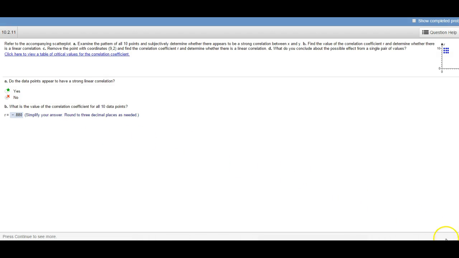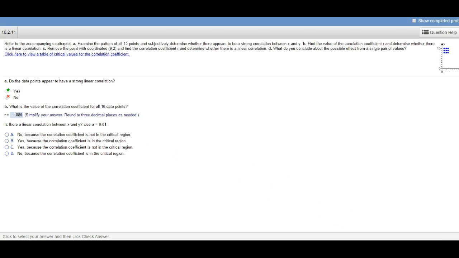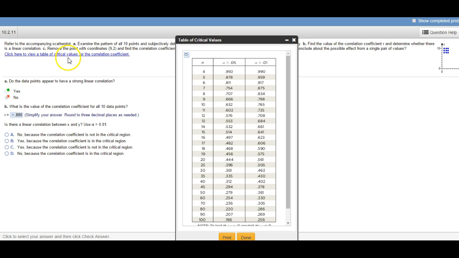And then the rest of this question asks, is there a linear correlation between x and y? Use alpha equals 0.01. What we have to do there is look at this table of critical values. Alpha equals 0.01. N is the number of data points in the table. We had 10 in ours. N is 10. We need the absolute value of R to be bigger than this number.